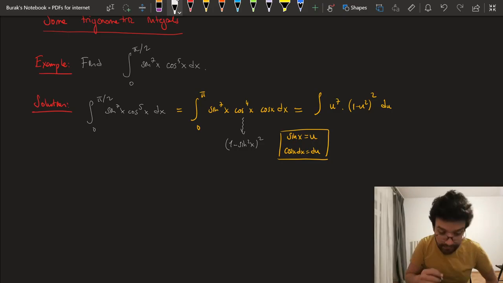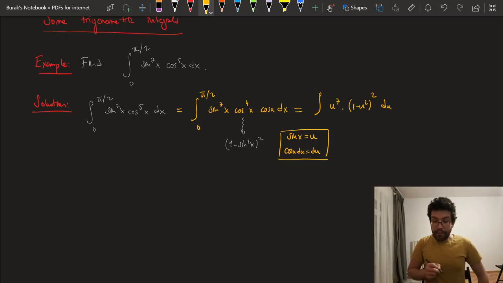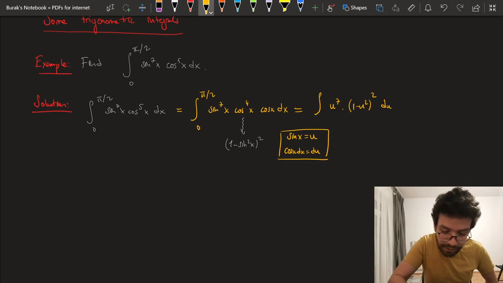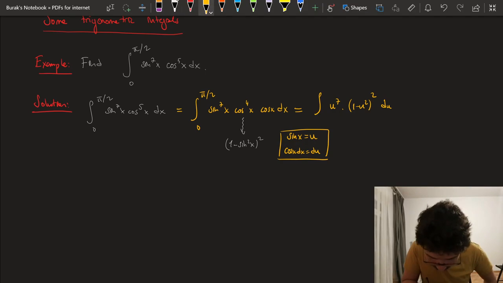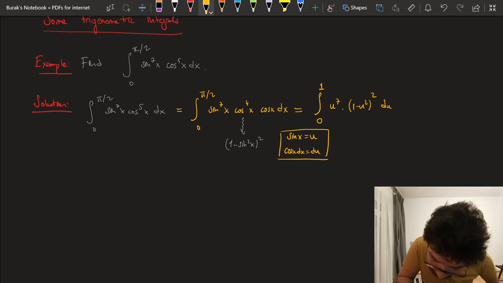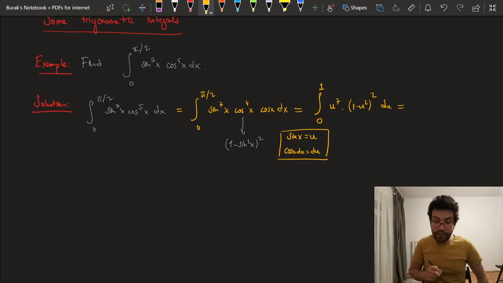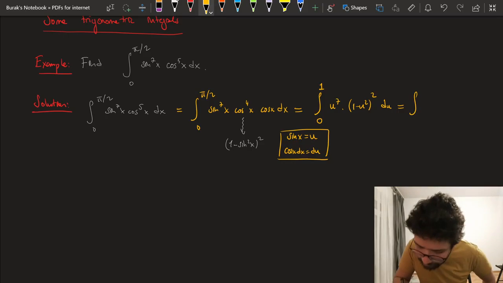I don't want that to happen, so let's change this to 0 to pi over 2. Now let me change my boundaries as well. When I plug in x equals 0, I get 0 over here. When I plug in x equals pi over 2, I get 1 over here. So I get a polynomial here whose integral you can easily compute.